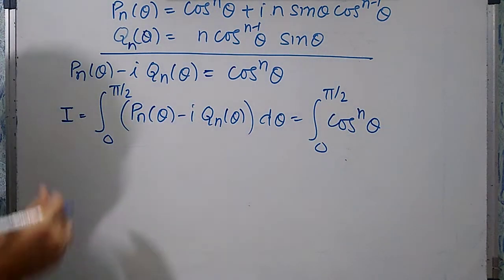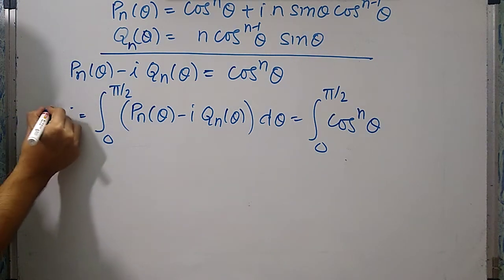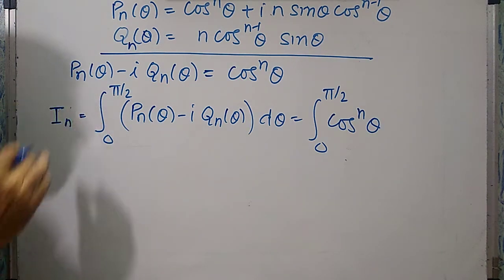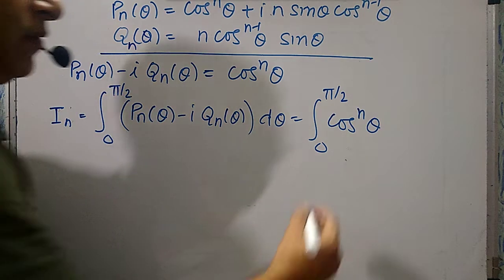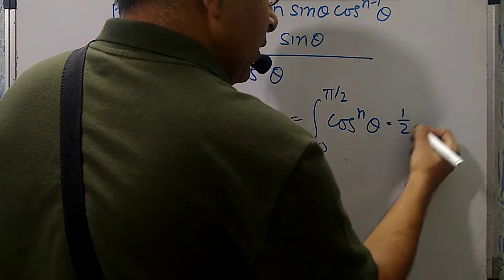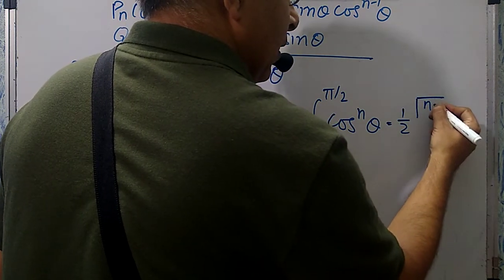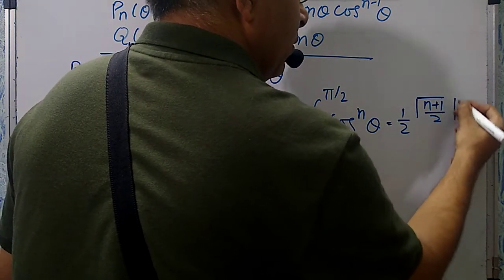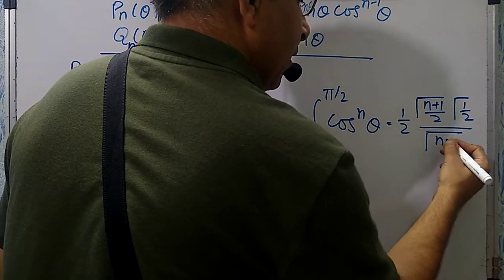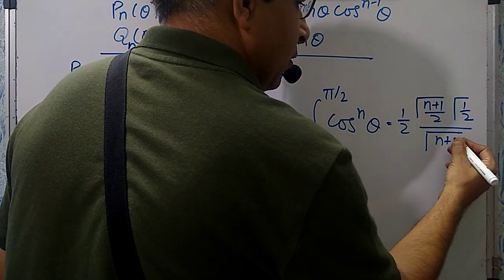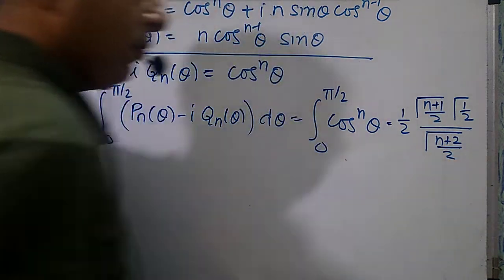You remember, and this is In. You remember the beta function and gamma function. So this will have a value, and this is 1 upon 2 times gamma of n plus 1 divided by 2, half, and gamma of n plus 2 upon 2.